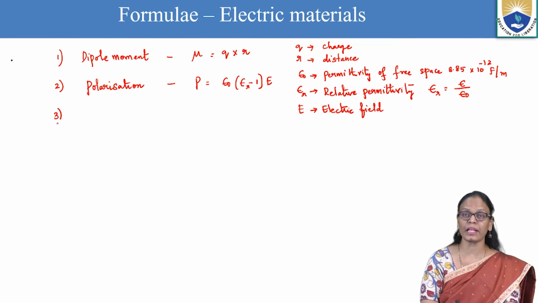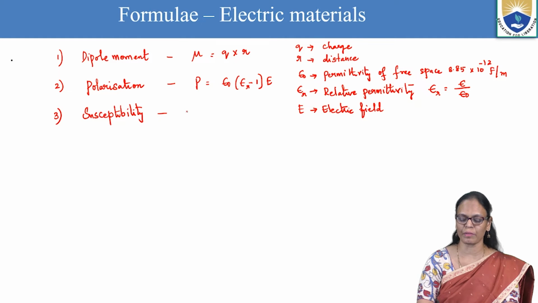Now the third thing is the susceptibility. What is susceptibility? Susceptibility here is denoted by chi, and chi is epsilon R minus 1.